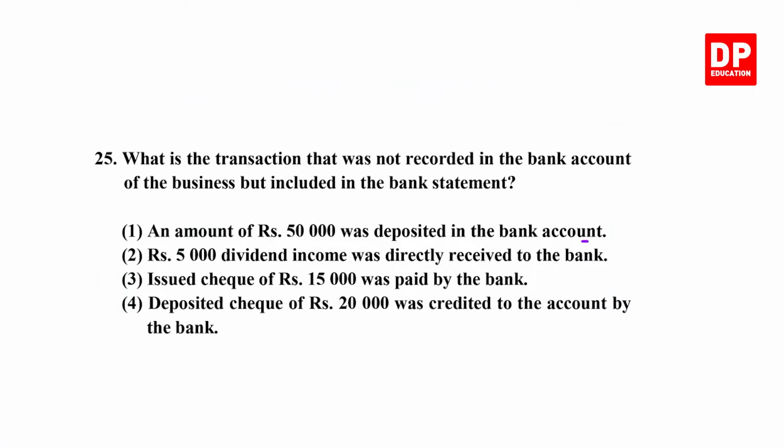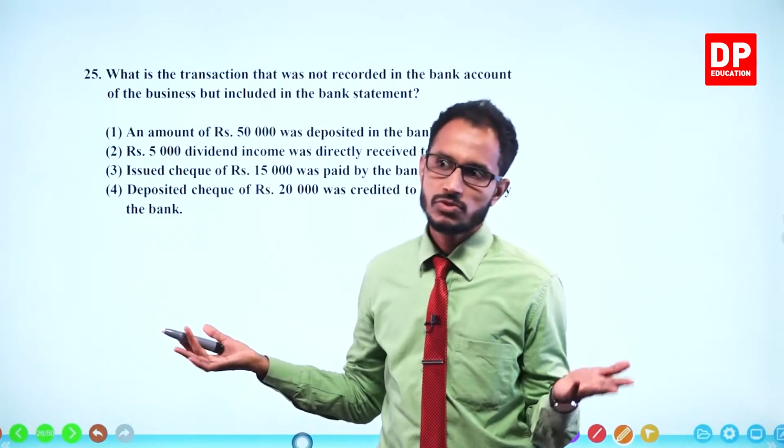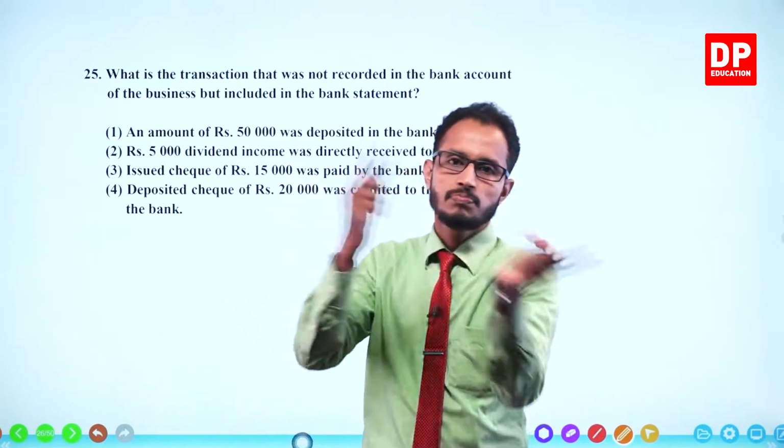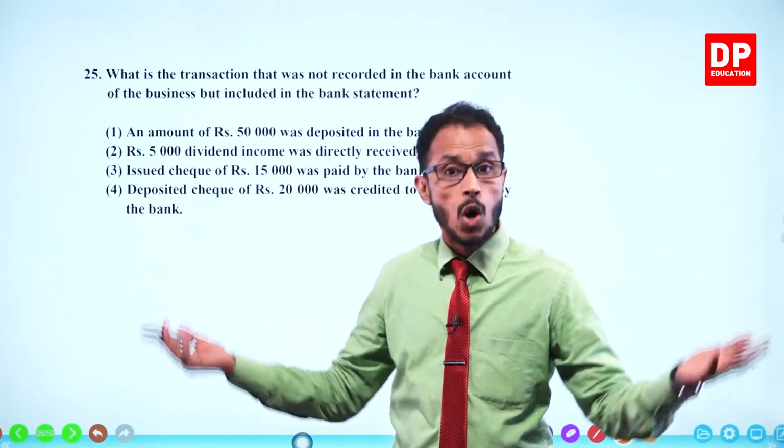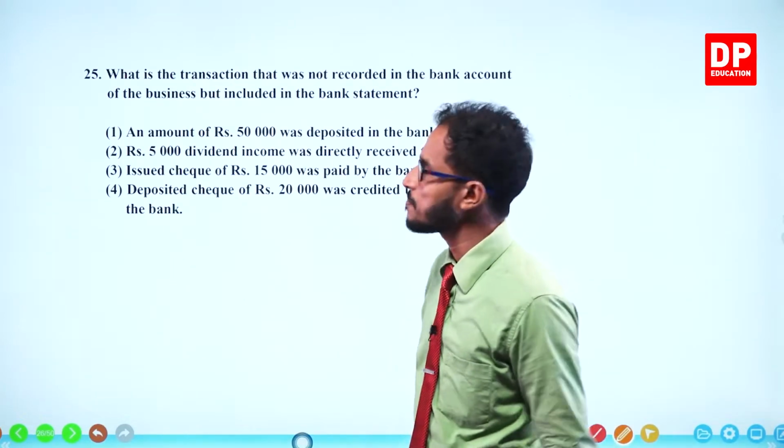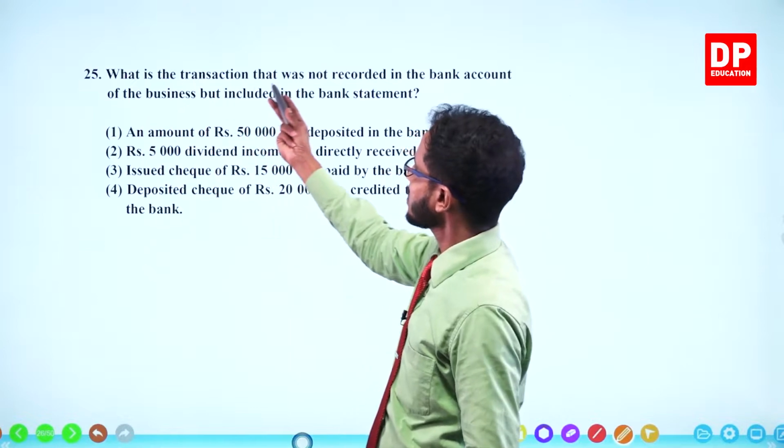5,000 dividend income directly received by the bank. We don't know that 5,000 was credited to the bank account, so we don't record it in our bank book. That is the problem.